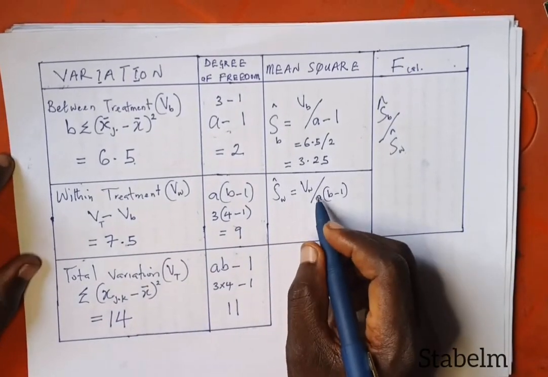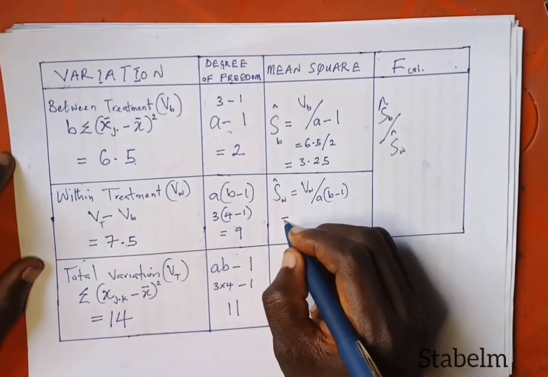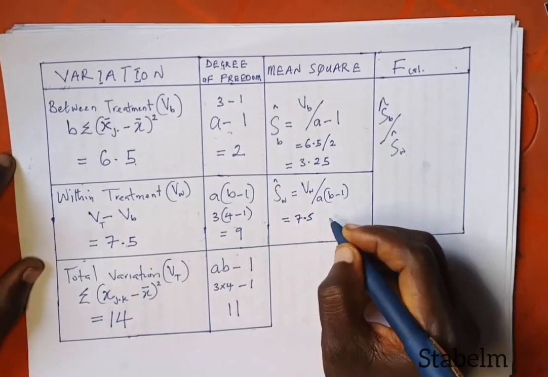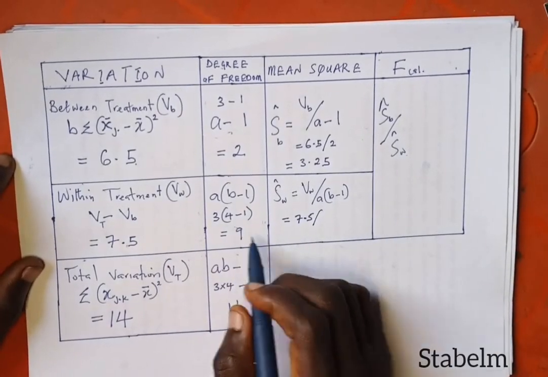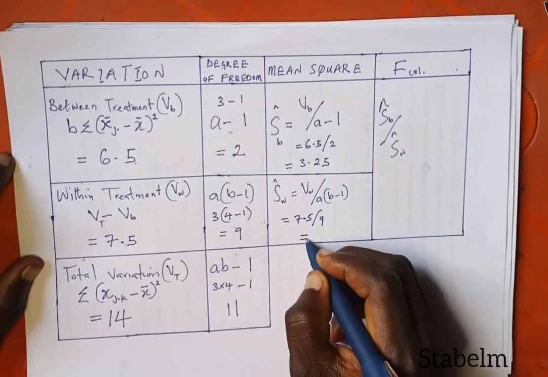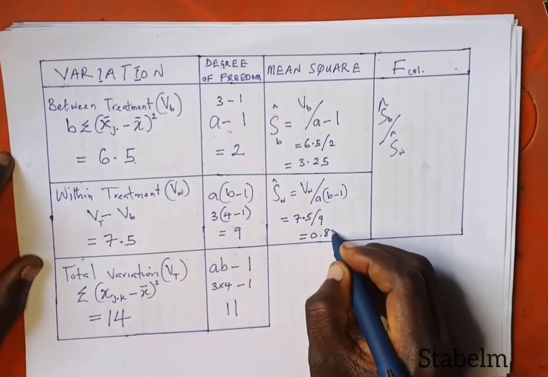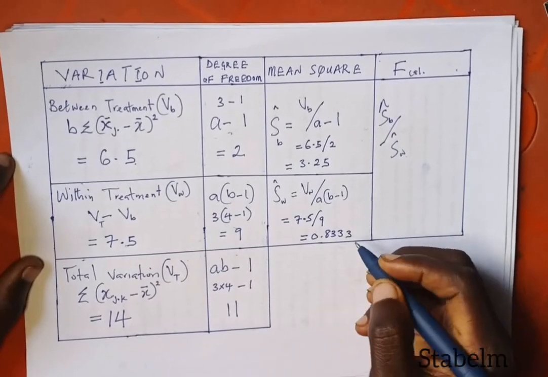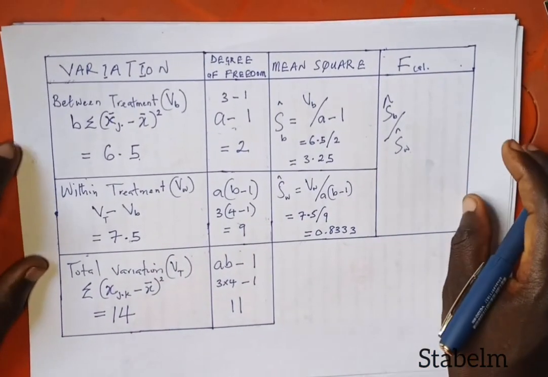Now for V subscript W, 7.5, we divide by the degree of freedom here, which is 9. So we have 0.8333.